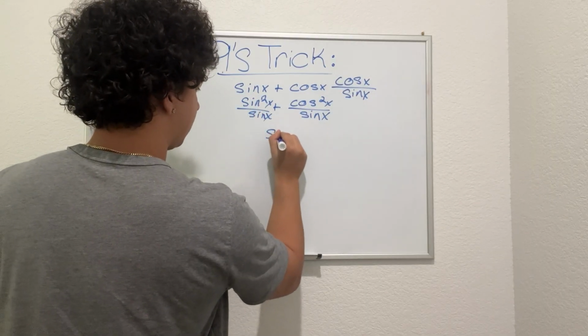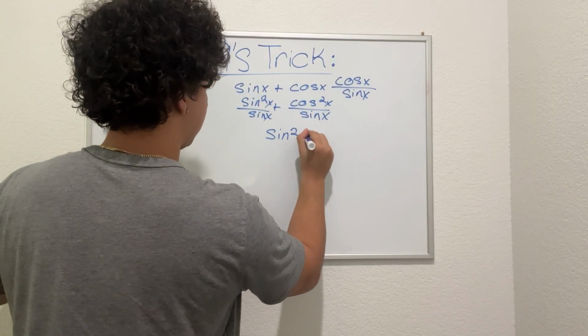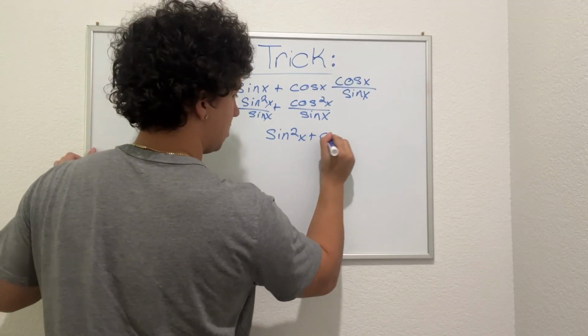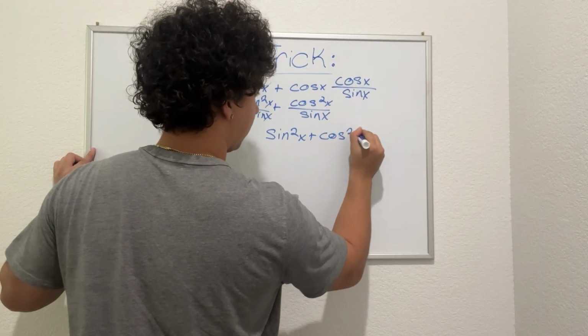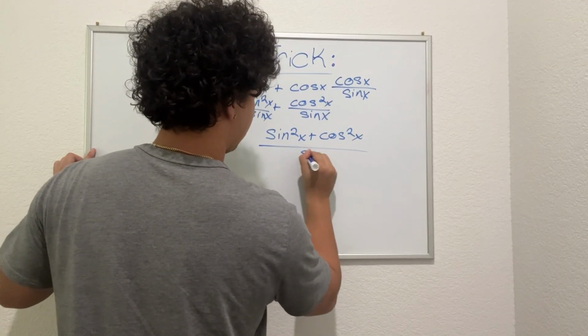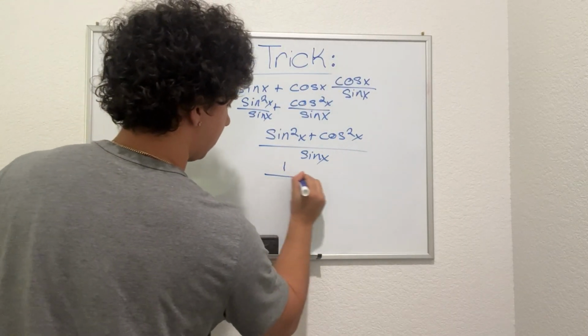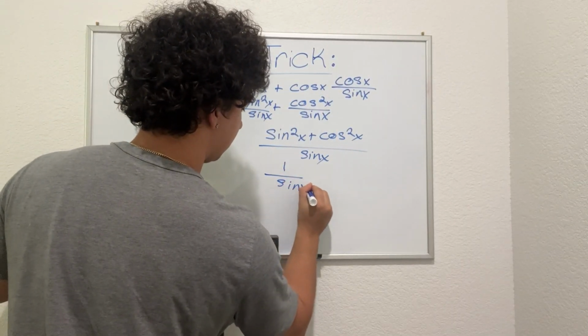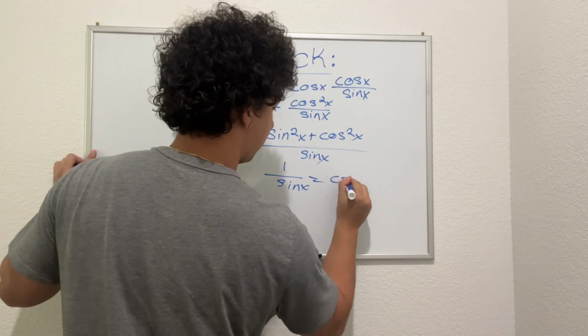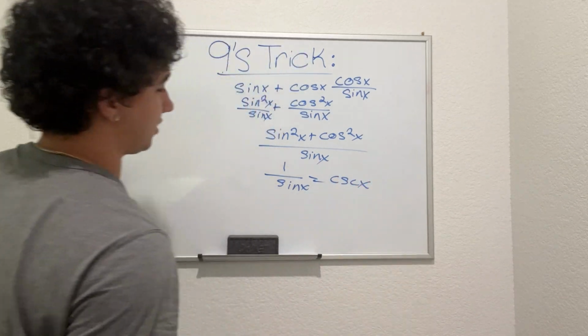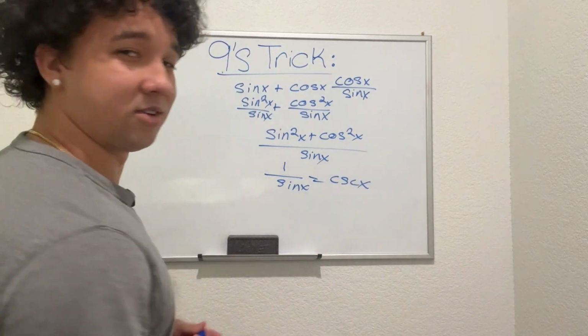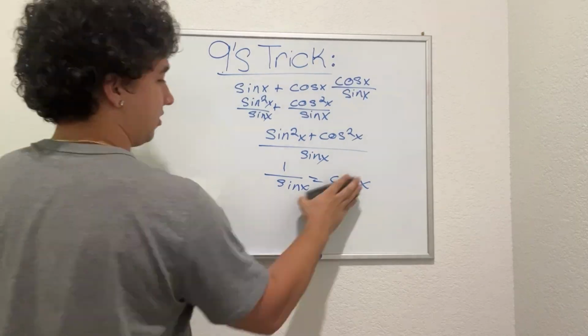Then I get sine squared x plus cosine squared x over sine x. That whole thing just equals 1 over sine x. And once again, we got cosecant x. And that wraps it up for this one as well. All right, keep it moving.